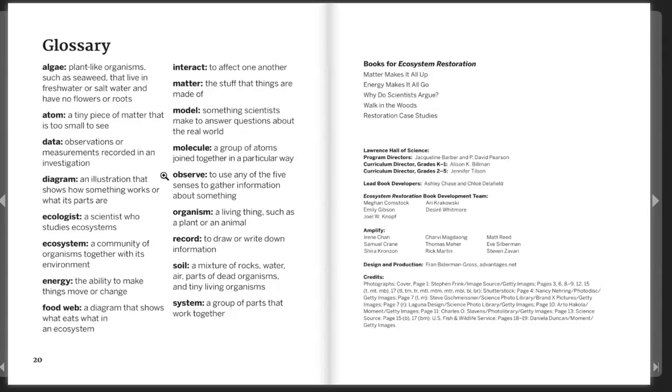Observe, to use any of the 5 senses to gather information about something. Organism, a living thing such as a plant or an animal. Record, to draw or write down information. Soil, a mixture of rocks, water, air, parts of dead organisms, and tiny living organisms. System, a group of parts that work together.